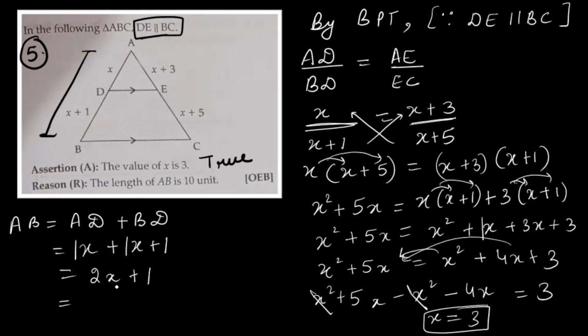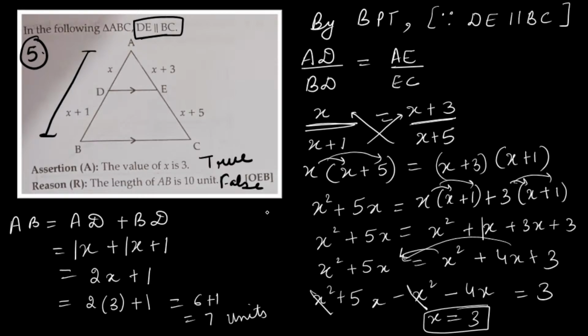So 2 into 3, the x value we found in the first part, plus 1. 2 into 3 is 6, 6 plus 1 is 7. And what have they mentioned? They have mentioned 10. So we found 7 units, which means R is false.